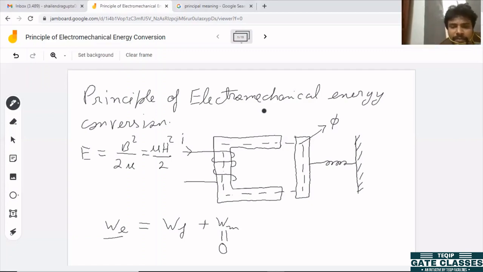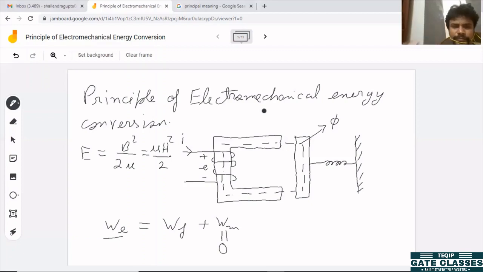Okay, so as there is an electrical input, and let us say this is AC, we are having an EMF induced across this coil, E. Okay, so what will be the energy power input to this coil? It will be E into I, VI.